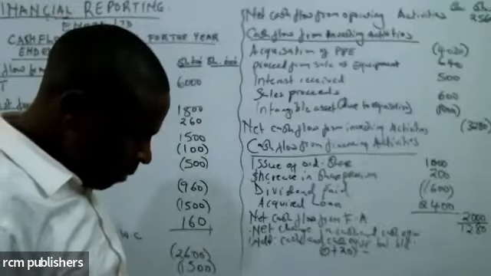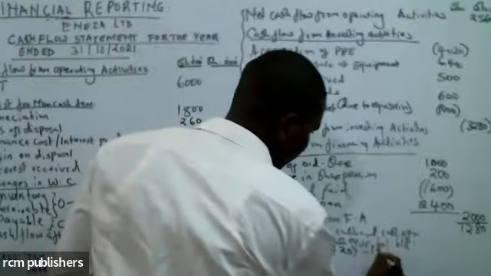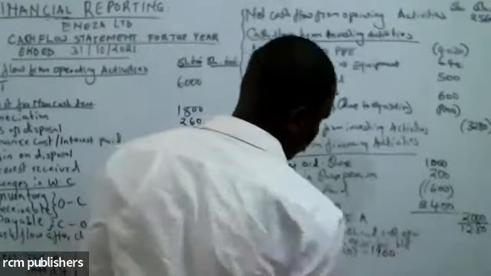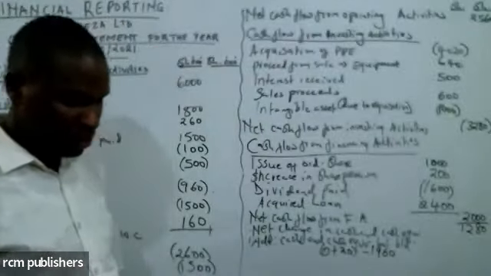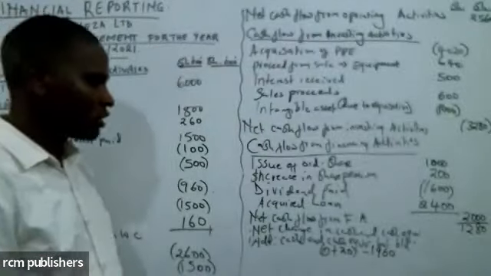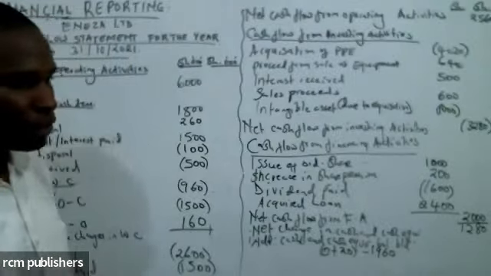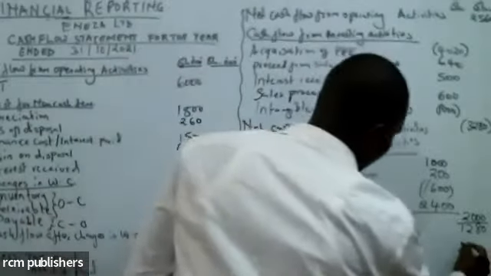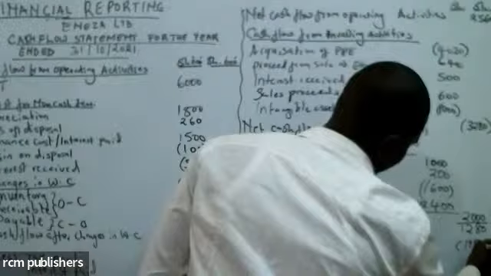People are giving 1960. Now can you give me the results? 20 minus that, what will you get? Negative 1940.